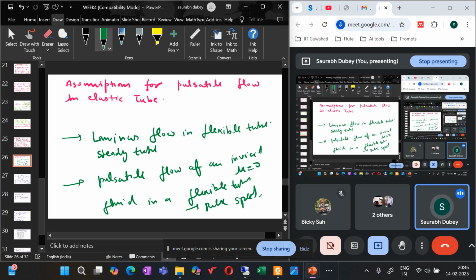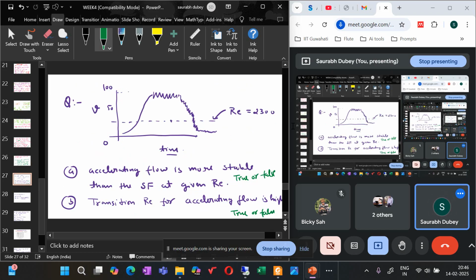So these two things you assume. You consider those assumptions that she was pointing out, but you look at the assumptions very carefully: under what assumptions the question is being solved, right?